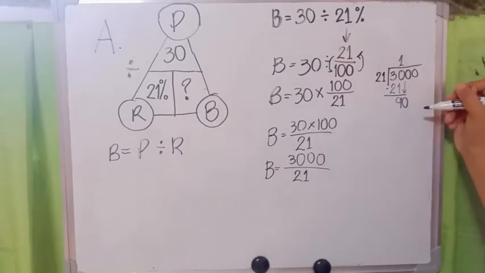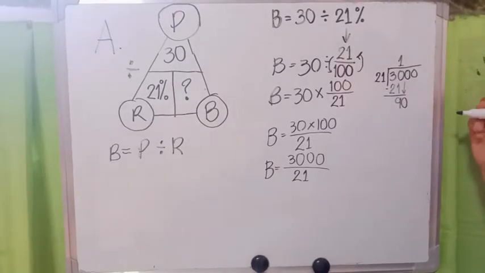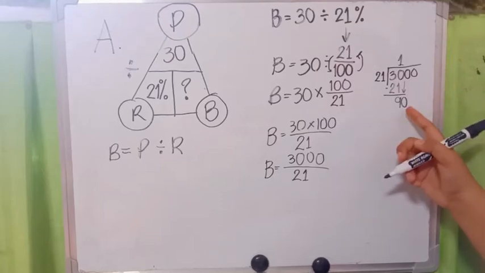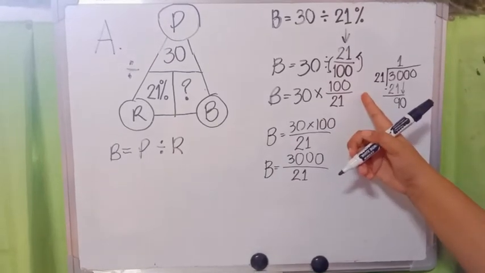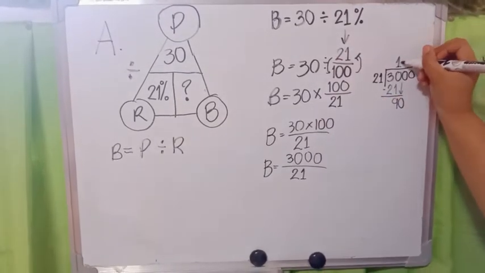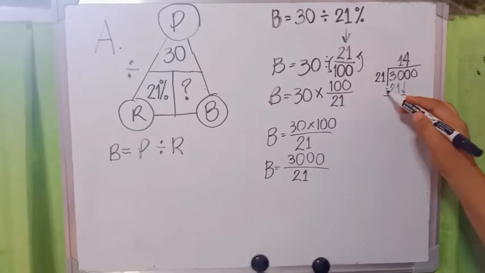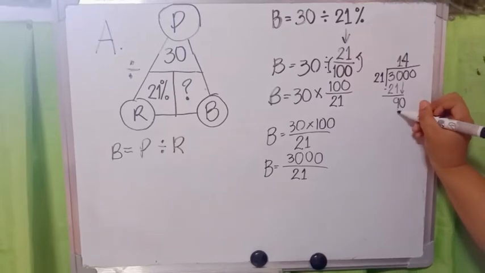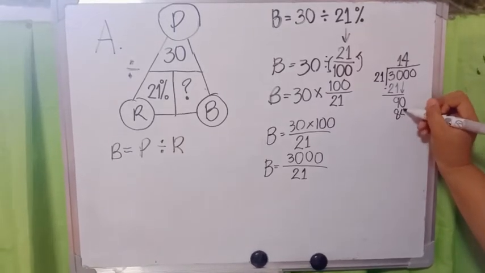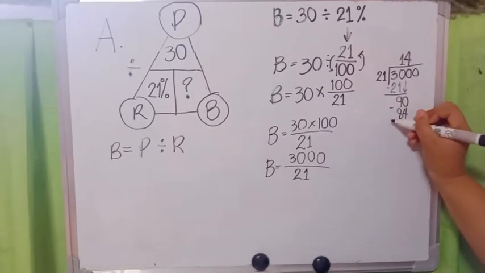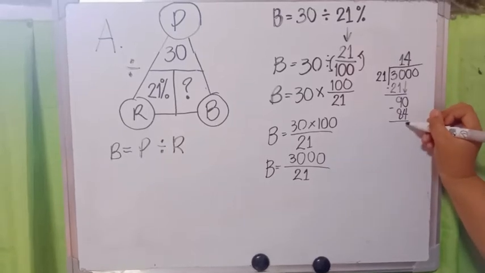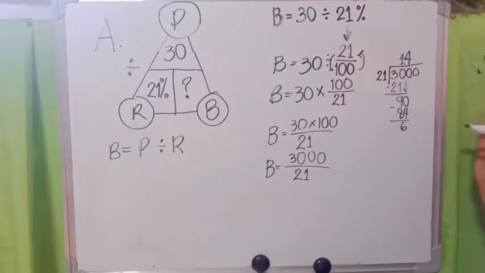So the number that we need to divide is 90 divided by 21. That is 4. 4 times 21 is 84. Subtract it, we got 6.